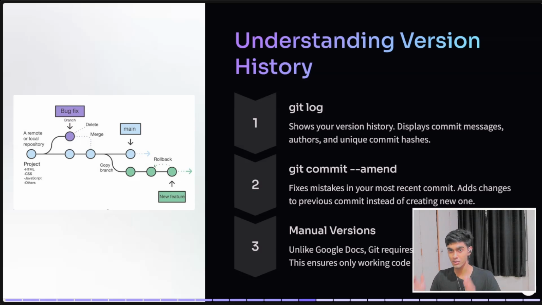I'll give you an example. Let's suppose you are using Google Docs. In Google Docs, it automatically creates different versions of the doc, and you might be thinking, why don't we implement a similar thing in Git? Why don't we do automatic version control? Why do we have to manually commit each and every version of our code?